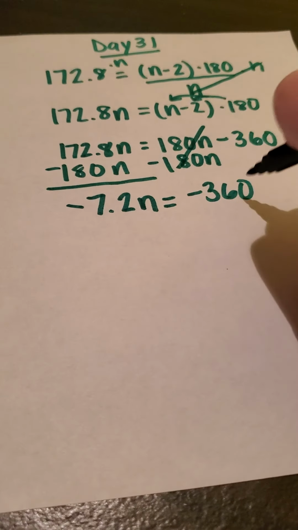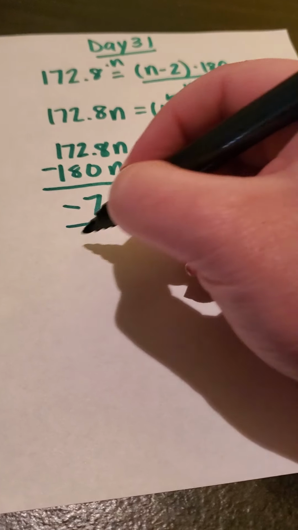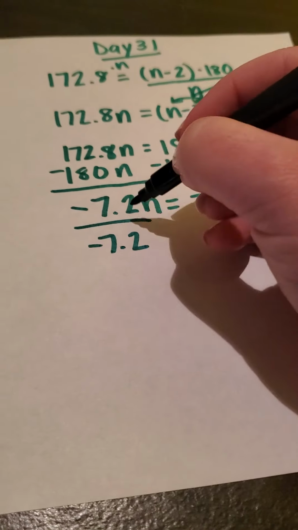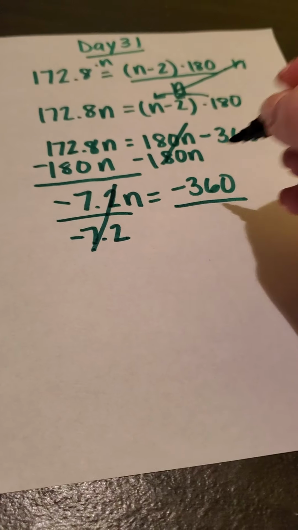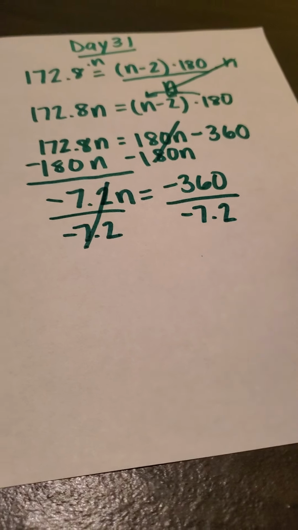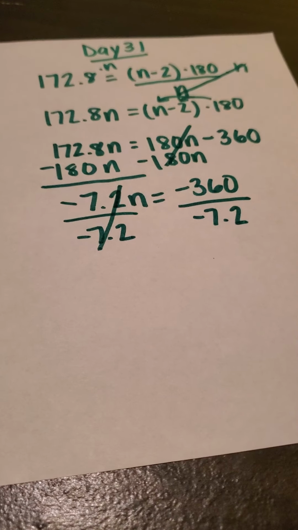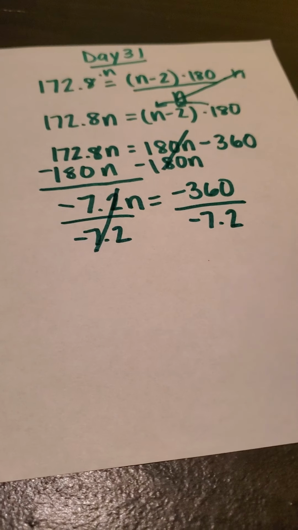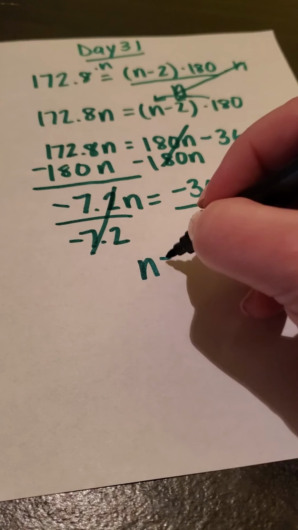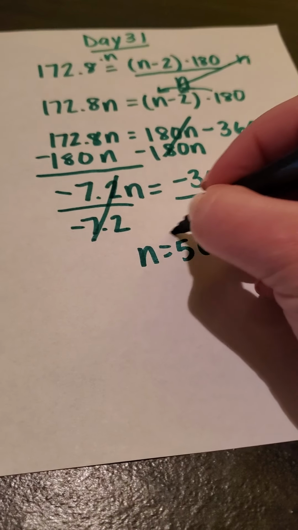All right, trying to get n by itself, one more step. Divide by this negative 7.2. I cancel. Divide by negative 7.2 over here as well. And negative 360 divided by negative 7.2 is going to give me 50.